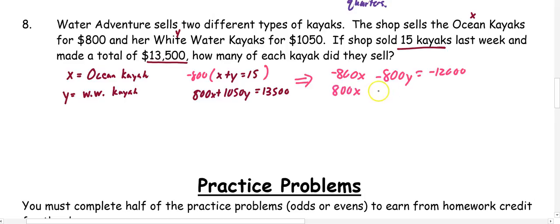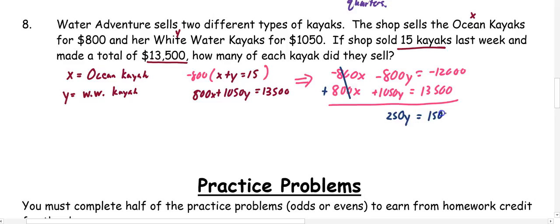So 800x plus 1,050y equals 13,500. So when I add my equations straight down, the x's cancel out and I'm left with 250y equals 1,500. So when I divide by 250, I get that y is 6.